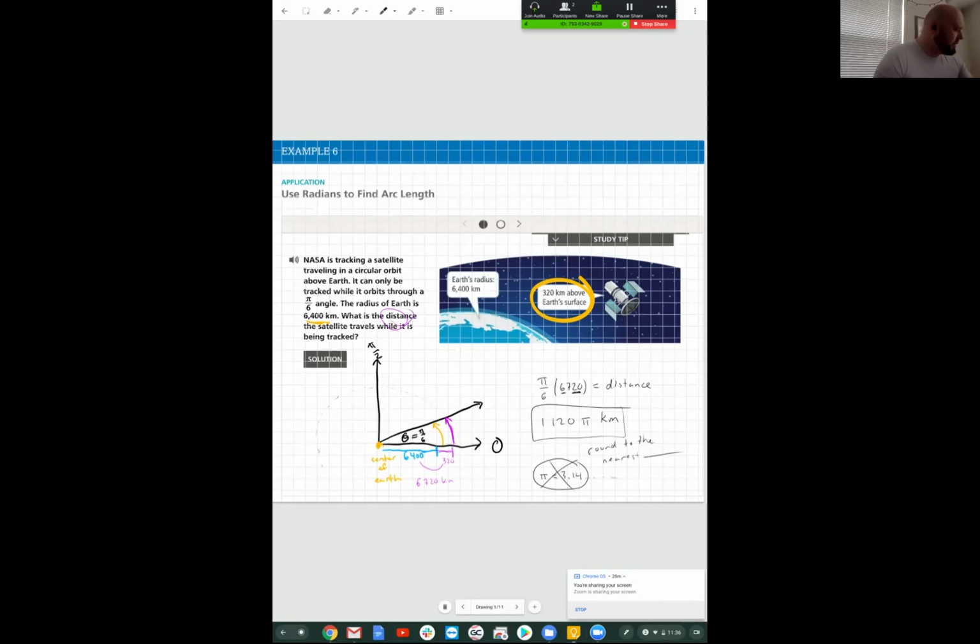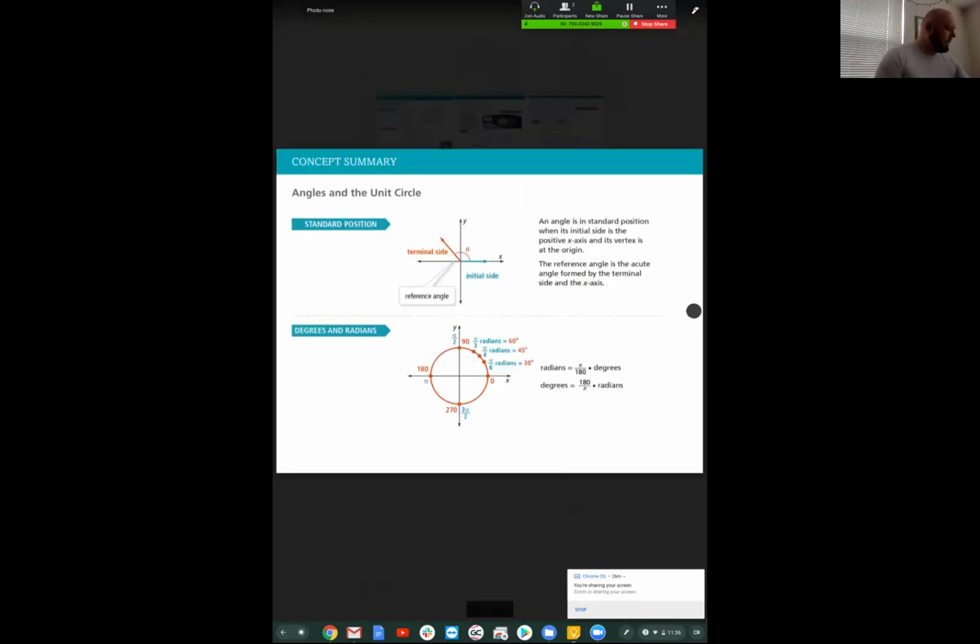Okay, so that's example 6. Just as a summary real quick, we're going to look at the things that we've talked about today. This is your concept summary for everything. First off, standard position is your angle theta that's in this picture right here. Your initial side is always along the positive x-axis. The terminal side is always where your angle ends up. You have your starting side and your ending side.